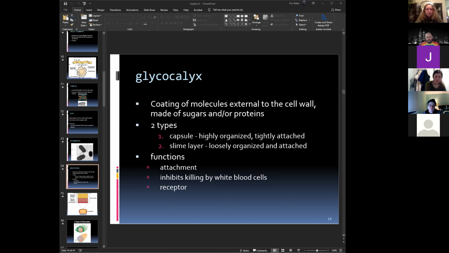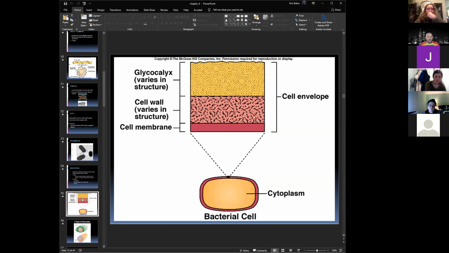Big breakthrough, a mechanism to talk about antibiotic resistance, but the capsule definitely is more of a virulence factor than a slime layer, for sure. And if you look at this, where it would be the cell membrane, the bottom layer here, the cell wall, and it's going to vary depending upon what you look at. And then outside of that cell wall is where you see the sugars and the protein mixes, that glycocalyx.